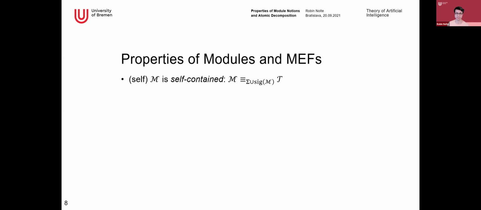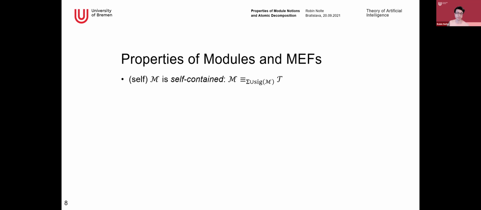So we combine the signature of M and the seed signature, and M and T should still be inseparable with regard to that signature. The idea behind that is that we don't have to remember the seed signature anymore. If there's any concept name or role name occurring in M, we know that M captures the knowledge that has been stated in T about this concept or role name, and we don't have to look back whether it was in the seed signature or not.